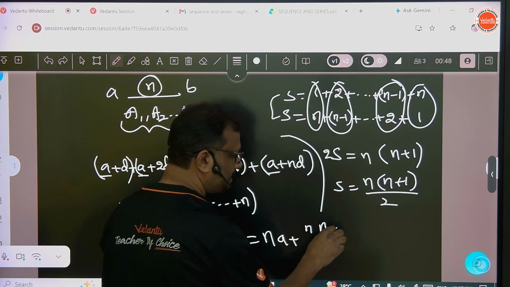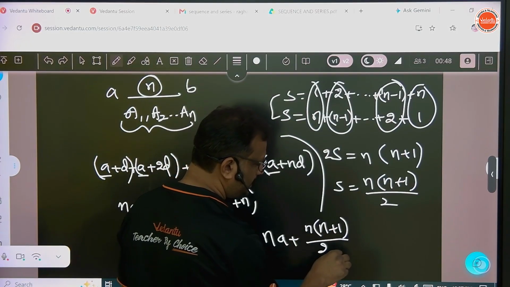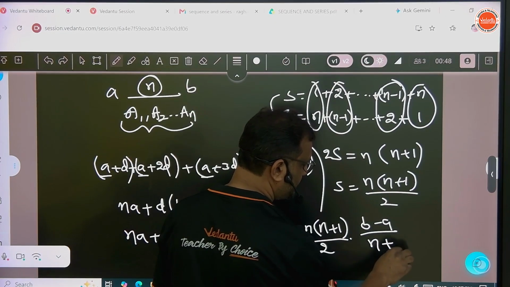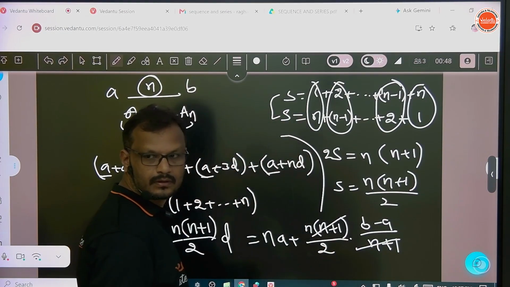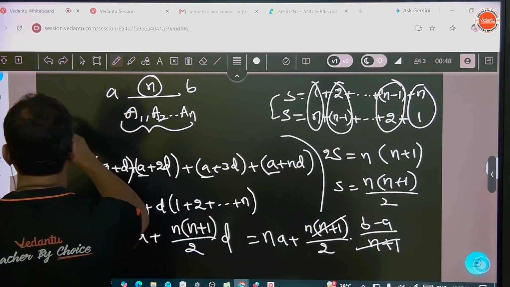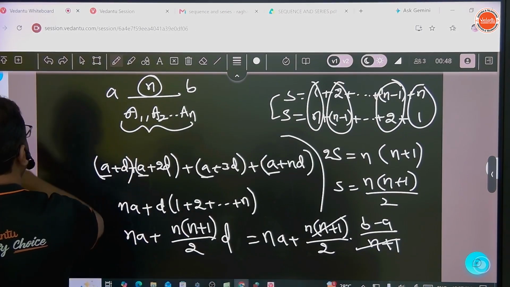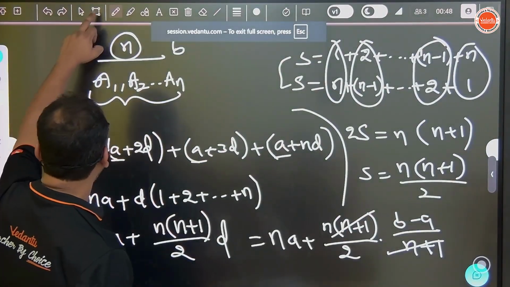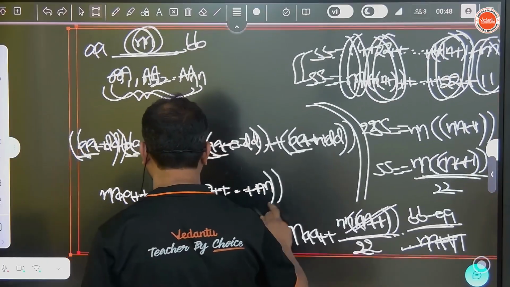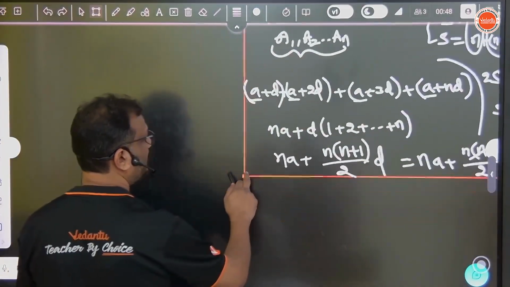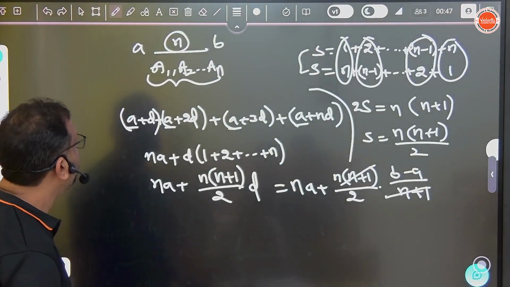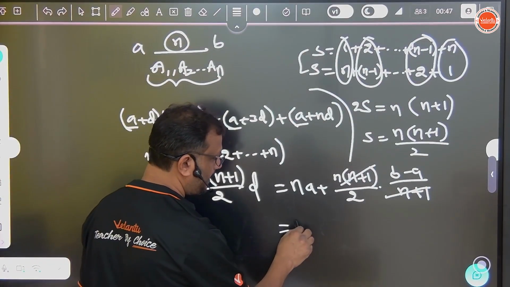N into n plus 1 by 2 into b minus a by n plus 1. Just n plus 1 gets cancelled. Now if you take the LCM, what will you get?